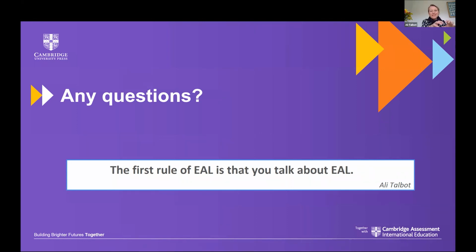But for me, it's those little texts. It's not just about those key words, because all students have problems with those. For the EAL learners, it's about how those words link together. So if you can get a little model text, a little answer from your textbook, and use that again to speak like a scientist or speak like a historian, write like a mathematician, whatever, then for me, that's key.